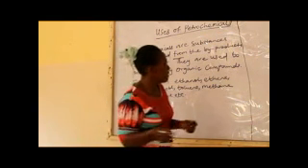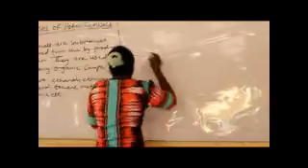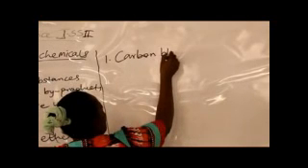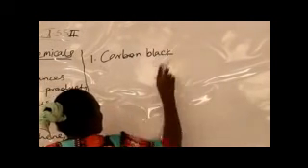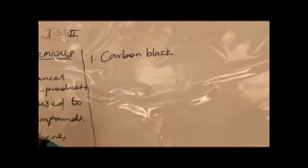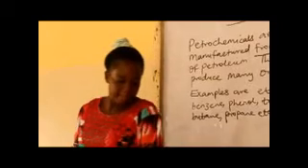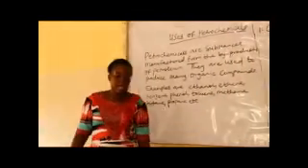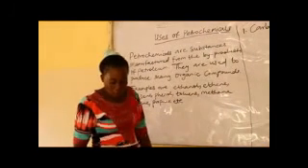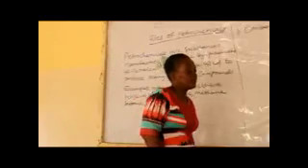Let me begin from number one, the carbon black. If you don't want to call it carbon black, you may call it soot. This carbon black is easily obtained at the top of a burning kerosene lamp.